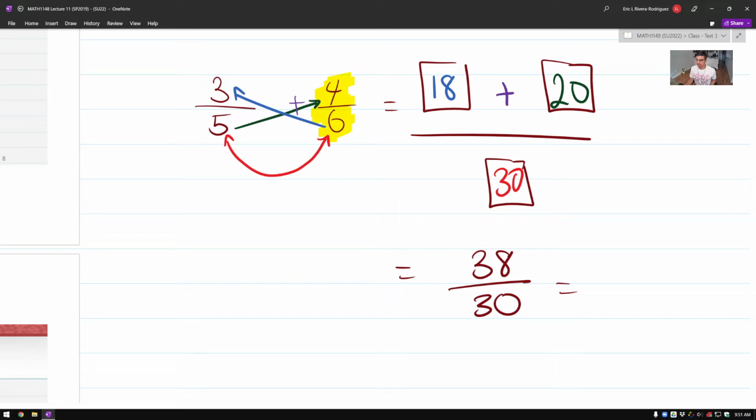So what is the common factor between 38 and 30?